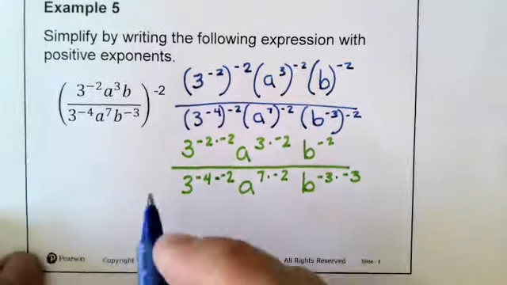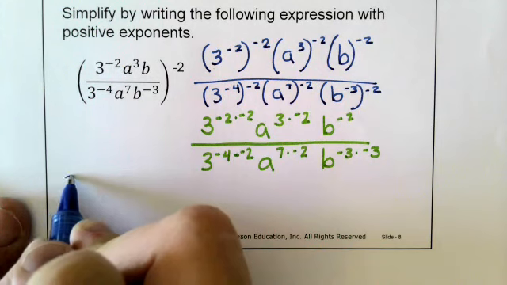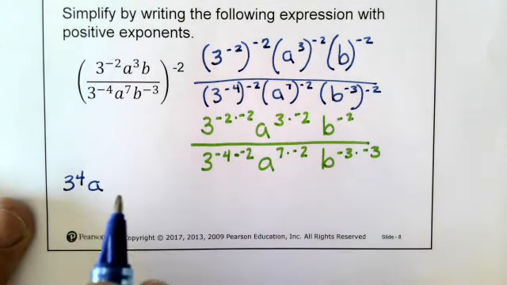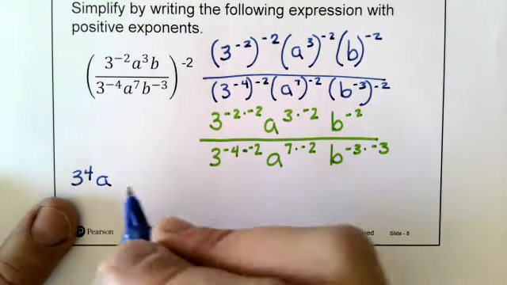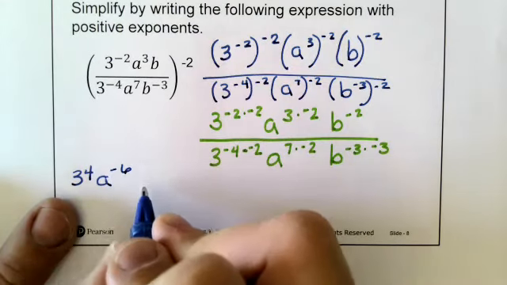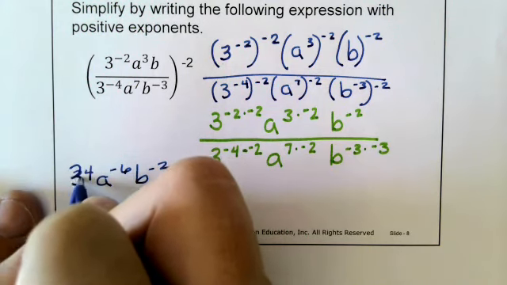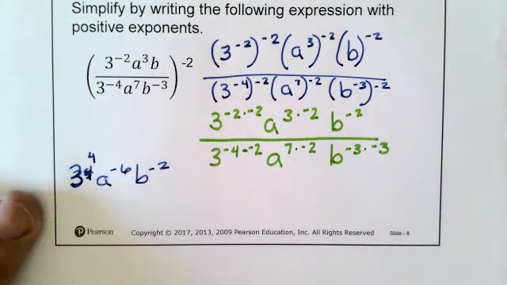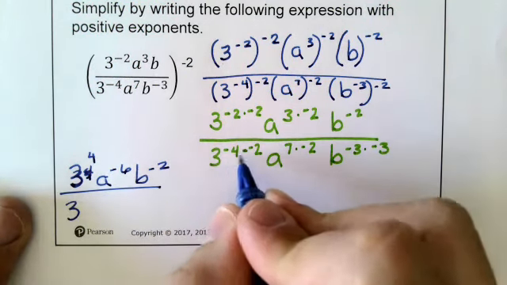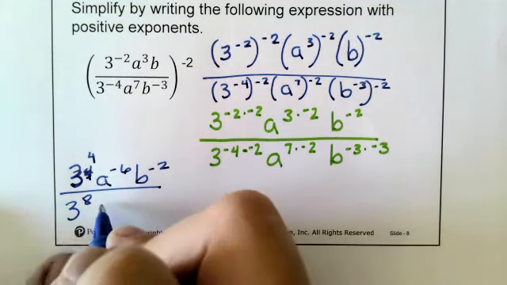So I will have, and I'm just going to move it over a little bit over here, 3 to the 4th, A, that's terrible because that looks like 34. 3 to the 4th, A, 3 times -2 is -6, B, -2. On the bottom, we have 3, 4 times 2 is 8, and a negative times a negative becomes a positive.